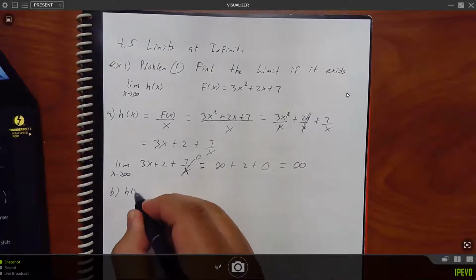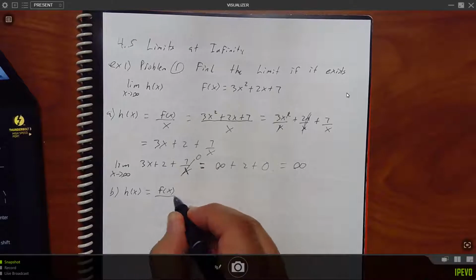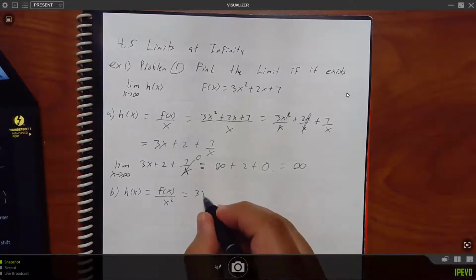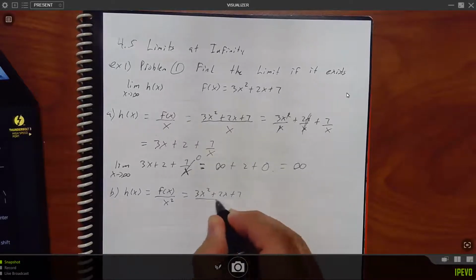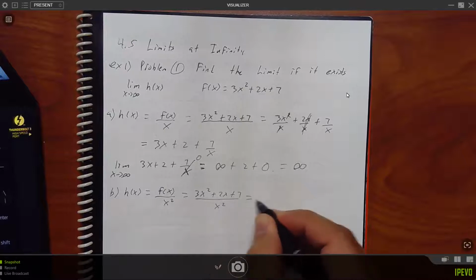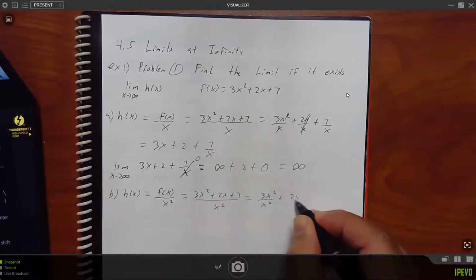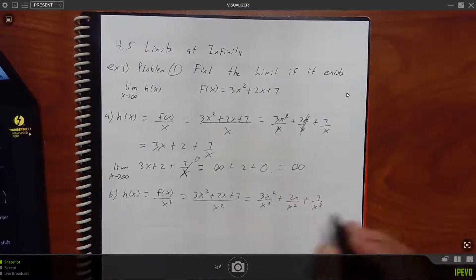So now let's say we changed it and said h be f of x over x squared. So now let's see what happens. That would be 3x squared over x squared plus 2x over x squared plus 7 over x squared.